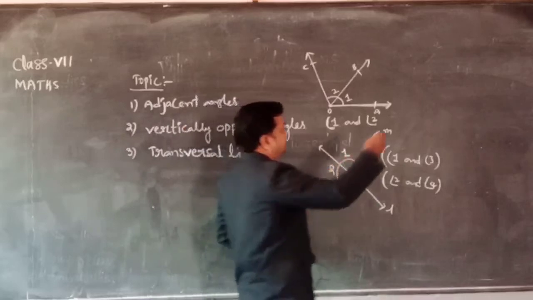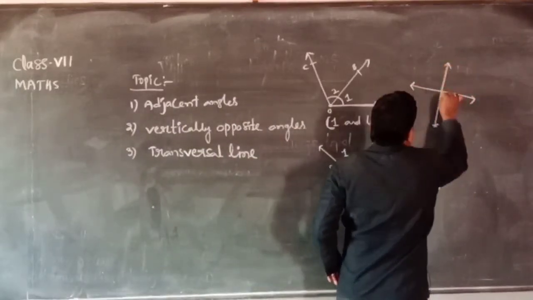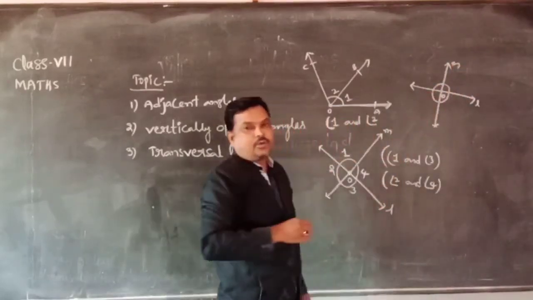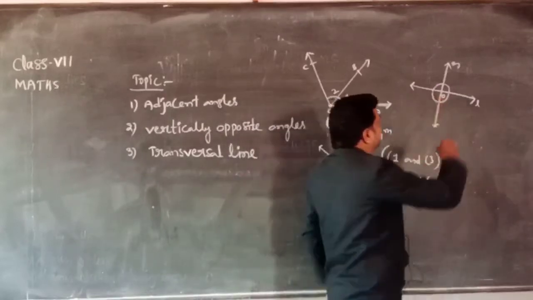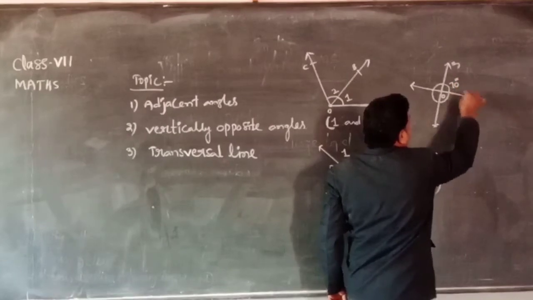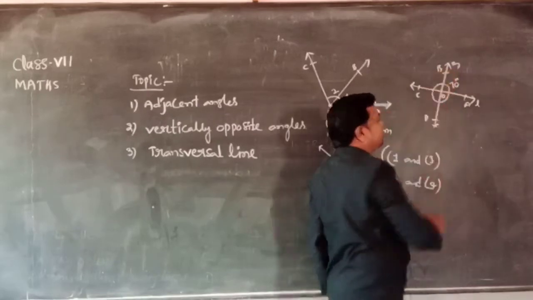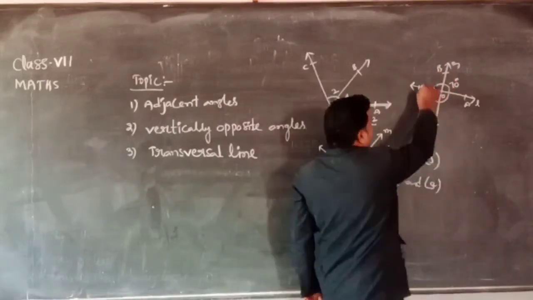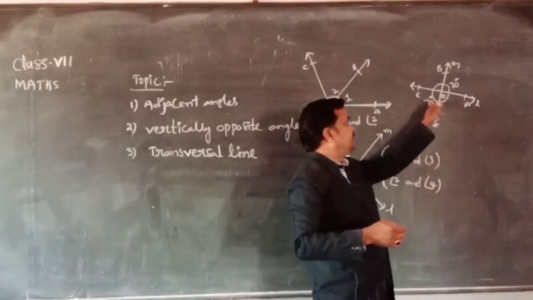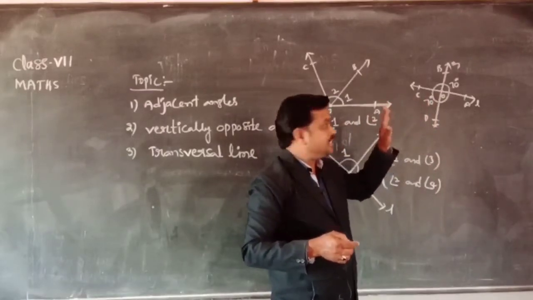Suppose two lines intersect at a point O, and angle AOB is 70 degrees. Then angle COD is also 70 degrees, because of the property that vertically opposite angles are equal to each other.